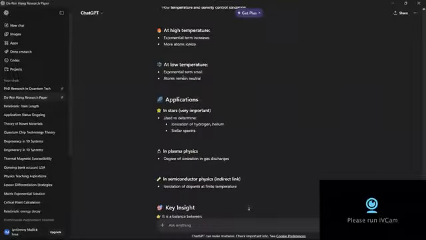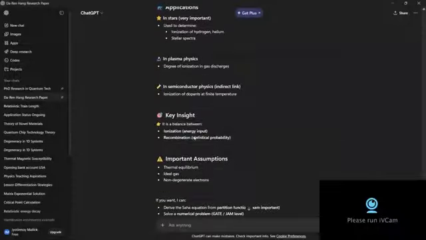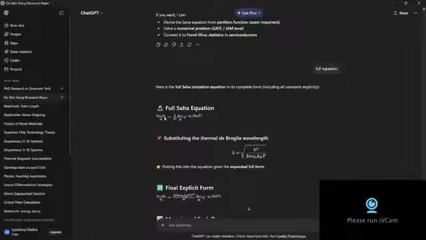Now look at this: at low temperature what happens? The exponential term is small and atoms remain neutral. Applications are used to determine ionization of hydrogen, helium, and stellar spectra. In plasma physics, degree of ionization in gas discharges. In semiconductors, positive ion concentration.